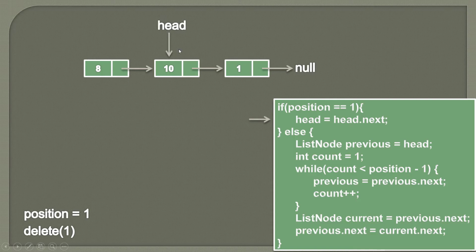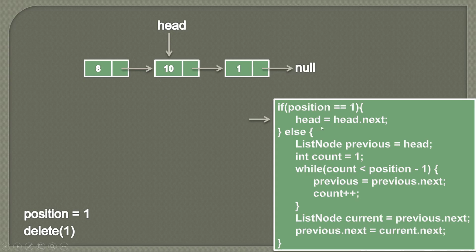So it looks like this. As we are deleting the first node, head is pointing to that node. So we can't directly delete this node, because if we directly delete this node, then the rest of the nodes will also get removed. So first we assign the head.next value to head so that the rest of the singly linked list is being referred by head. Because after deleting this node, our singly linked list will become 10, 1 and null.